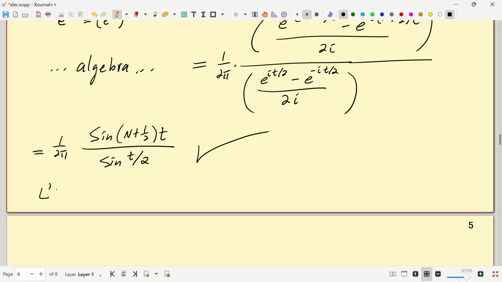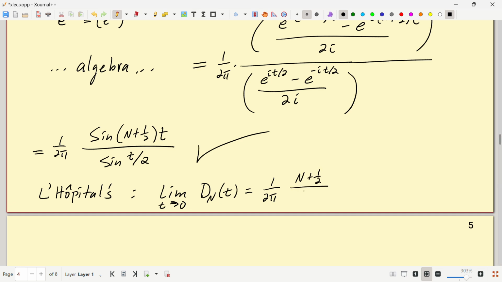By the way, the value of that thing at t equals 0, you determine by L'Hopital's rule. So fascinating, L'Hopital's rule. The limit of that Dirichlet kernel as t tends to 0, the derivative would come out. When I take the derivative of those things, I get n plus a half on top, and on the bottom I'd get a half.